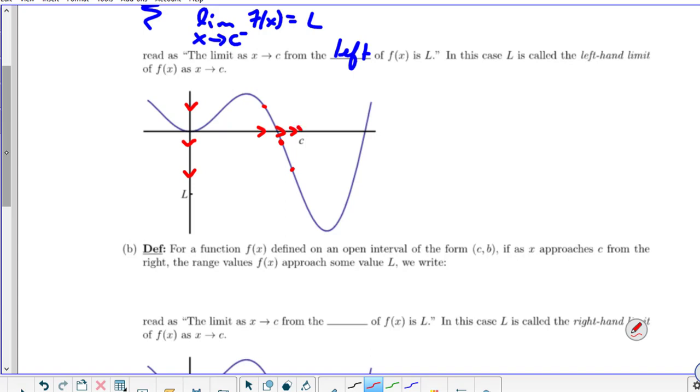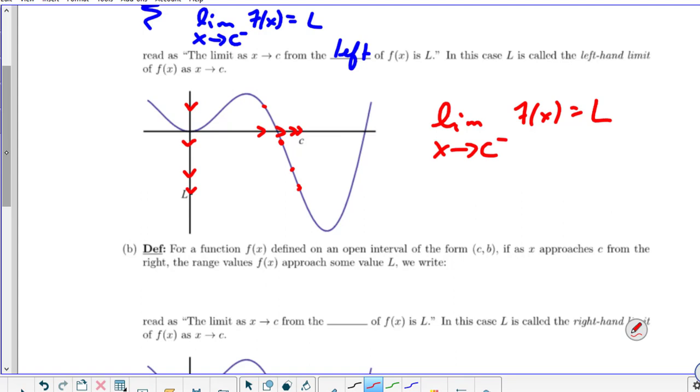And as we get even closer, what does it seem that our y values are approaching? They're getting closer and closer to whom? To L. Now, we only picked what type of x values? X values that were to the left of c. So how do we denote this picture? We would write the limit as x approaches c from the left of f of x is equal to L. So let's practice reading this aloud.